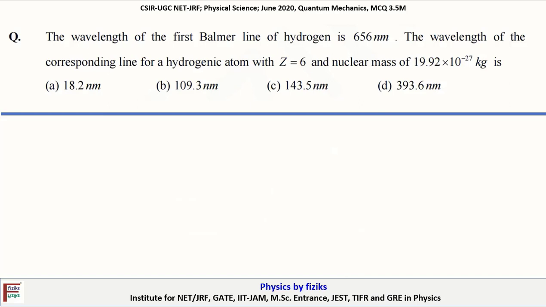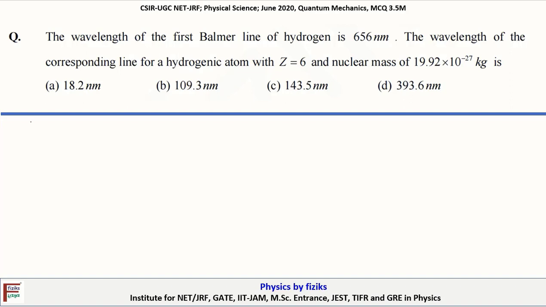This question is related to the hydrogen atom, and here the question is asking to determine the wavelength for a hydrogenic atom with Z equal to something and having the given nuclear mass. The wavelength for the first Balmer line is given.